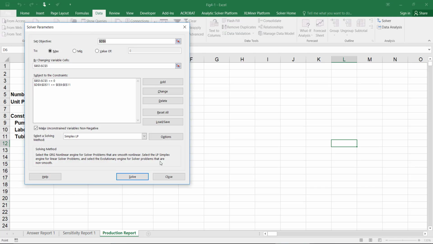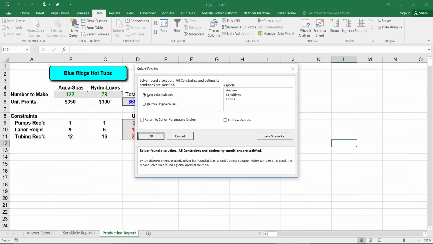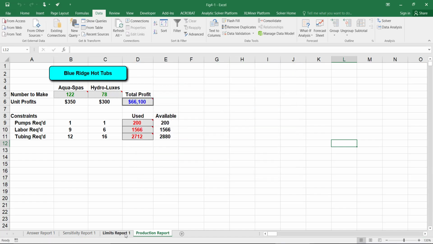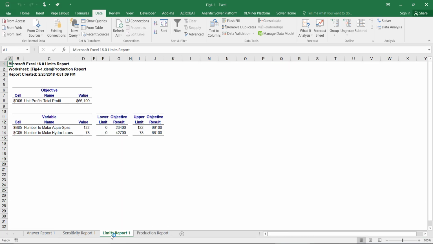Excel Solver provides one more report, and that's the limits report. So you solve the model, and in the report section, just select the limits, and a new worksheet is going to open up, like Limit Report 1 here. Basically, this limit report has two sections.